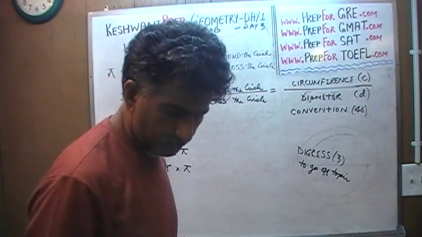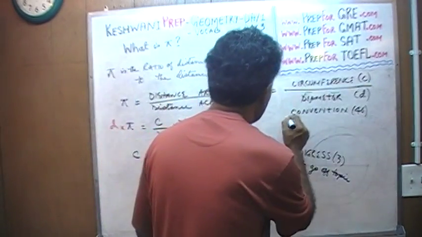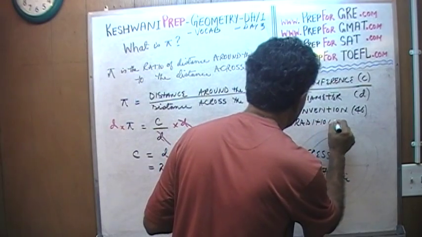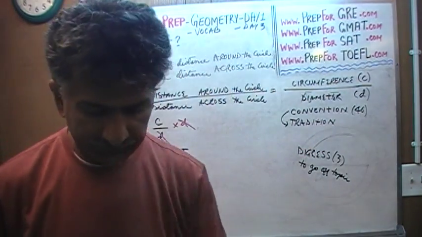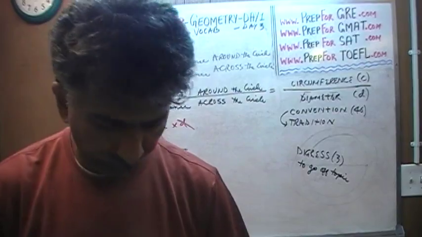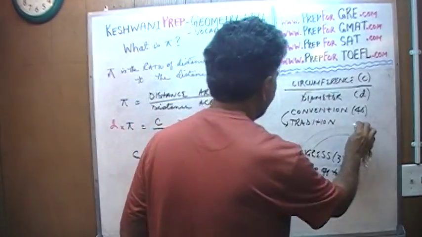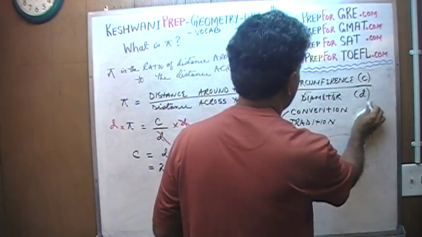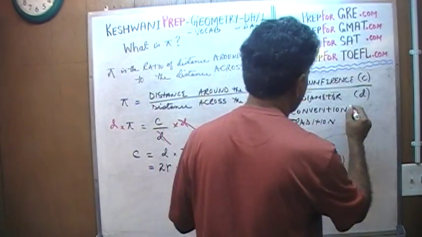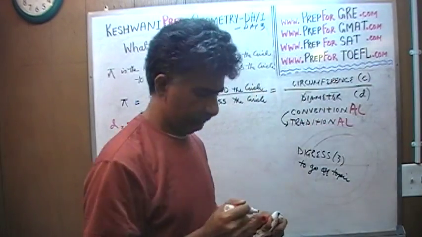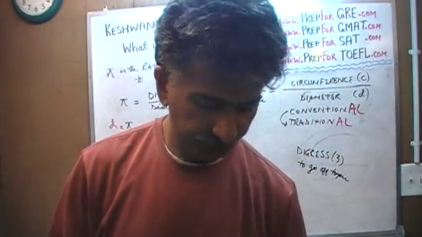What does it mean? Convention means tradition. It's a noun. Now watch what happens if I convert this into an adjective. Convention becomes conventional, which simply means traditional.